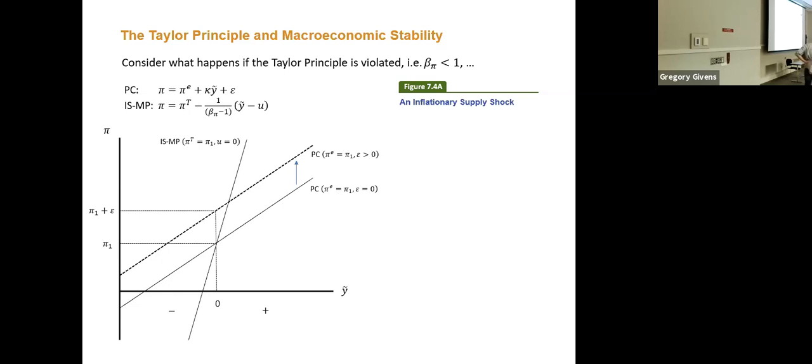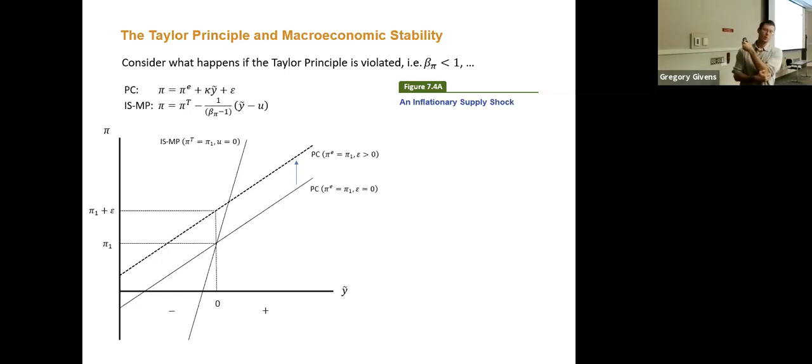And so in equilibrium, inflation goes up, but not by the full amount of the shock, right? And the output gap is negative. It falls, but not by the full amount of the shock. So an adverse supply shock generated some inflation, but then also a recession, as the Fed tried to stabilize inflation by raising the real interest rate to lower the output gap and therefore lower inflation, okay?